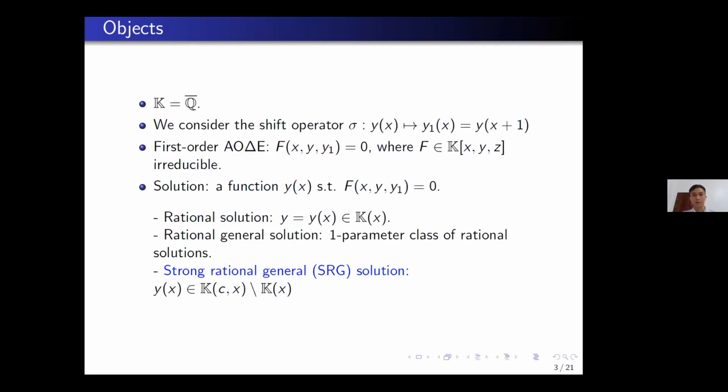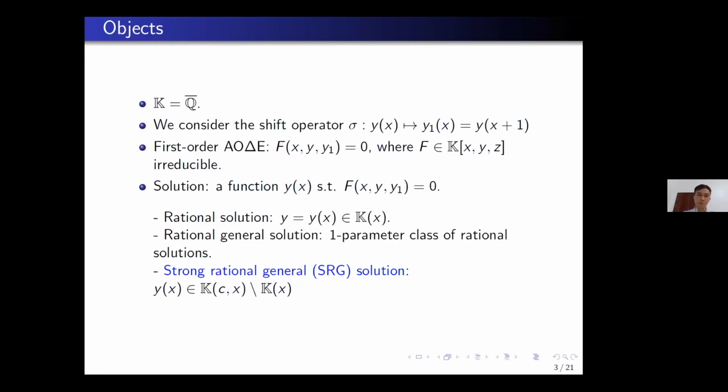A solution, of course, means a function y = y(x), so that when we substitute y(x) into the given AOΔE, we obtain an identity. I will concentrate on rational solutions only. That means a solution which is a rational function.